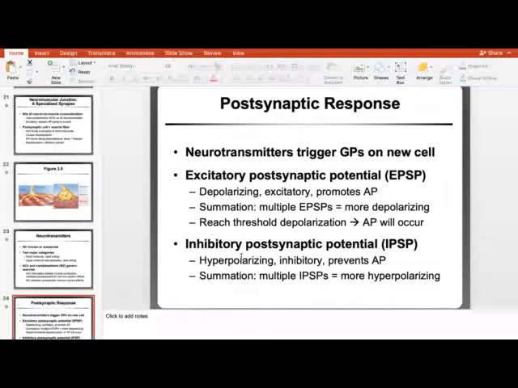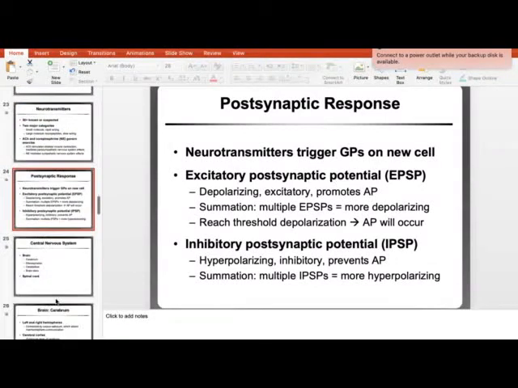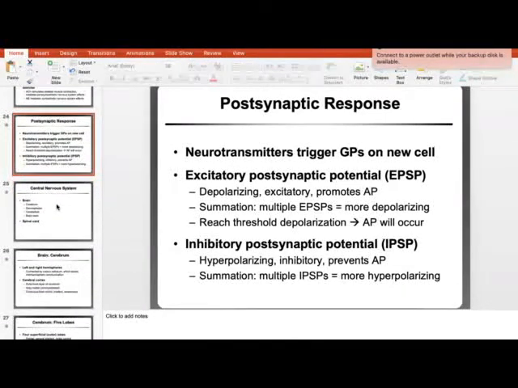These inhibitory signals make it more negative, so from -70 to -90, and now it needs to work even harder for an action potential. So these things inhibit the action potential. Or you could have excitatory signals, which go from -70 to +30, which helps promote the action potential. So sometimes these neurotransmitters can do different things. And that's pretty much our discussion of neurons.